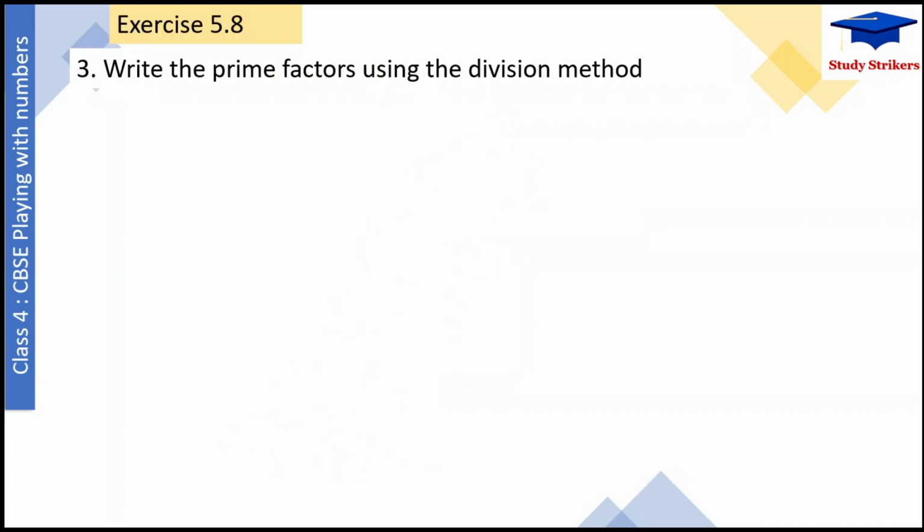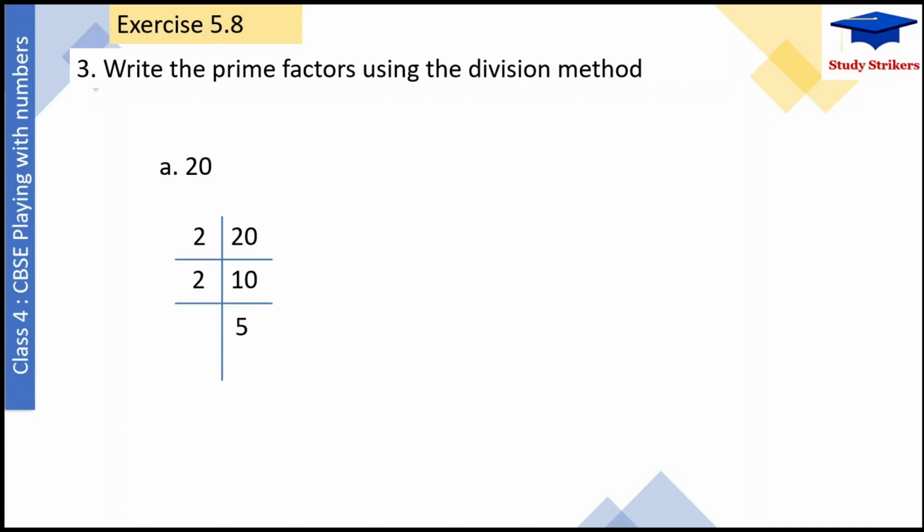So we have to write the prime factors using the division method. This is also called the vertical method. Let's start. We have to find prime factors of 20. So we'll write it like this. First we will start with 2. If we divide 20 by 2, we will get 10. Again 10 will be divided by 2, so we will get 5.